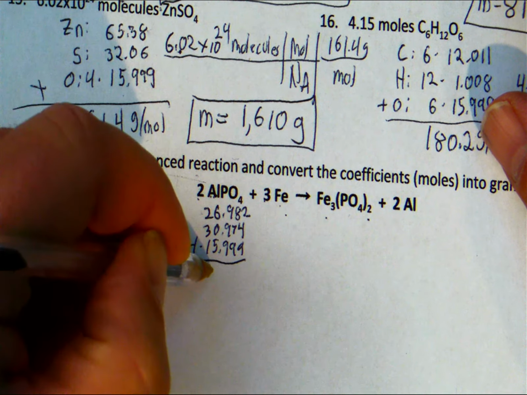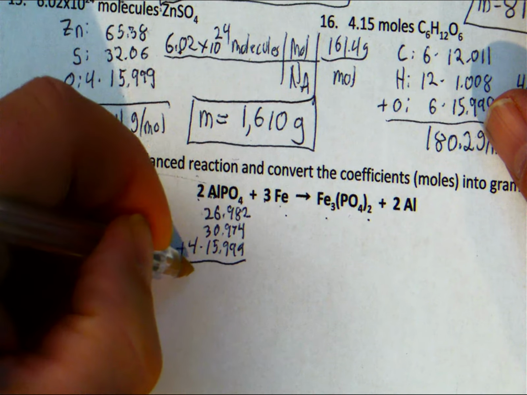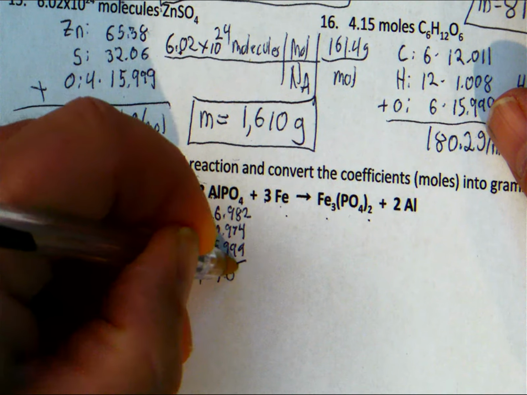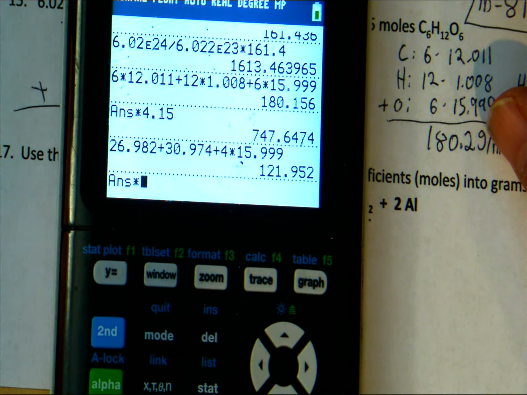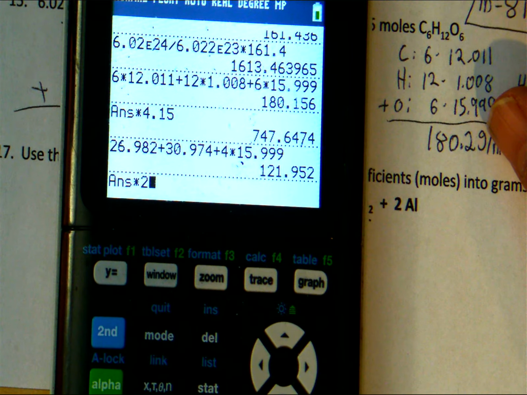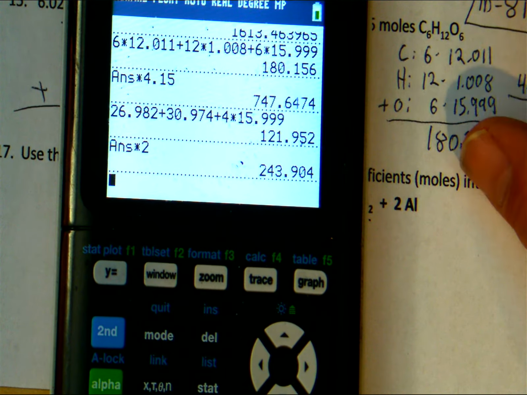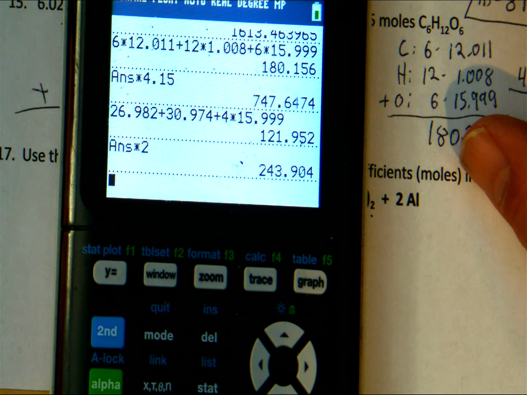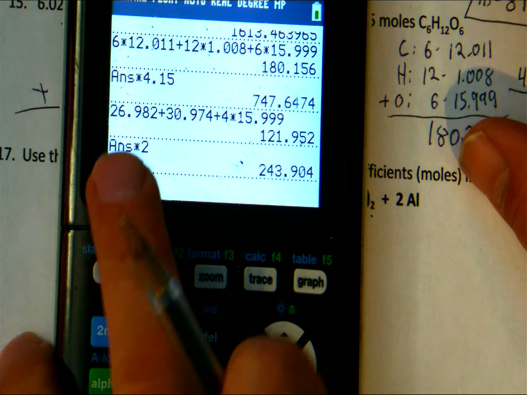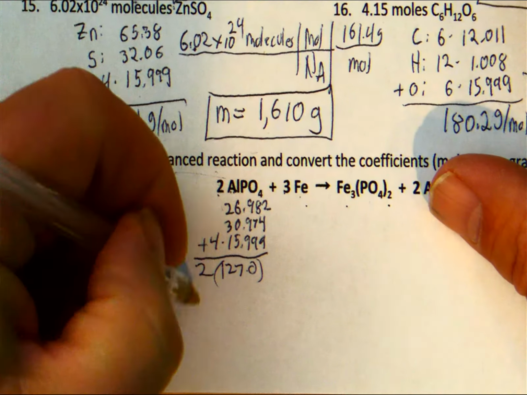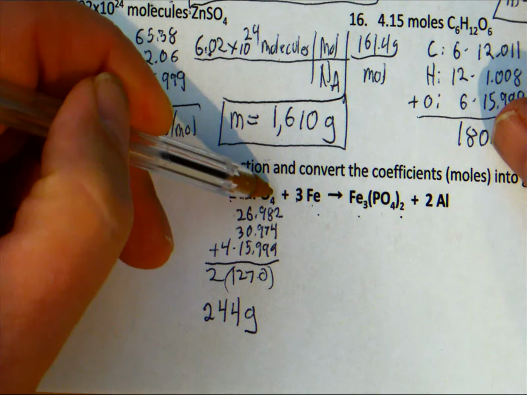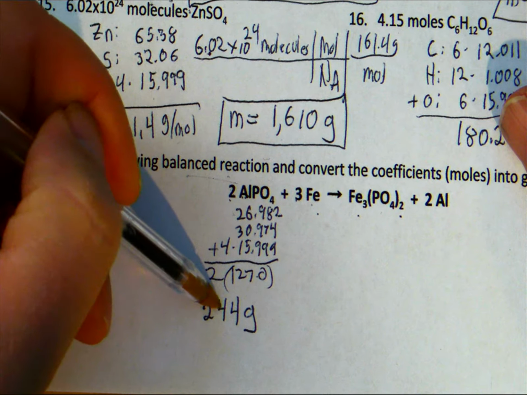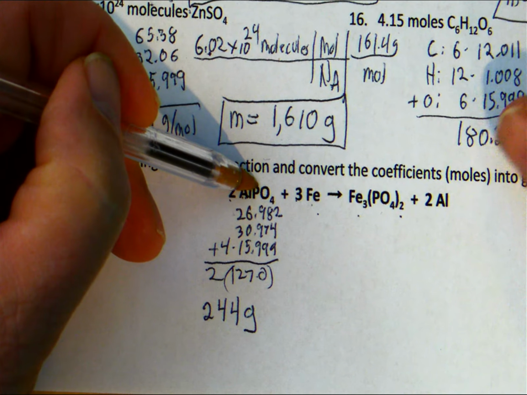Now, I'm going to go ahead and already double it because of this coefficient. So I'll call it 122.0, but then I'm going to multiply it by 2 already because that's what will be next. And so I really am dealing with 244 grams of this first substance, aluminum phosphate, 244 grams of that.